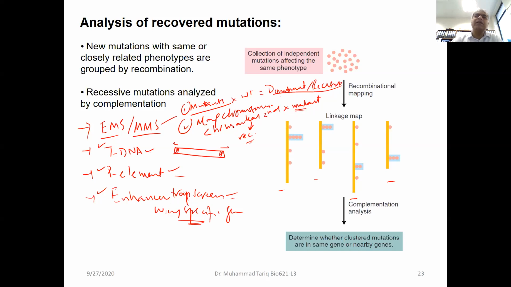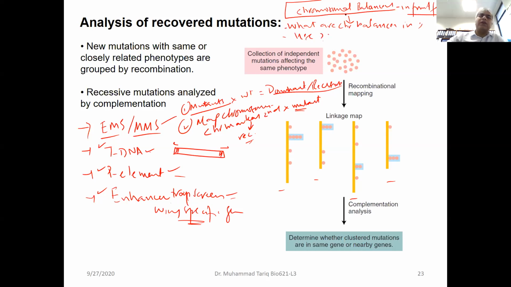If it recombines. In fruit flies, there are chromosomal balancers. So your today's assignment is chromosomal balancers in fruit flies. What are chromosomal balancers in fruit flies and what is their use? That is your assignment.